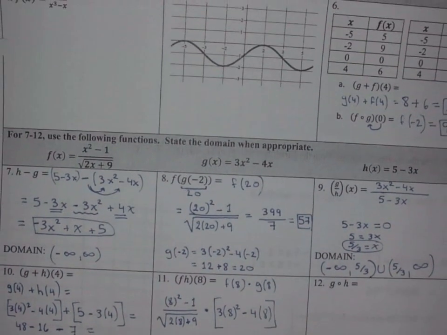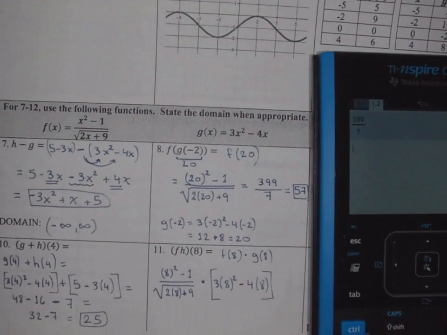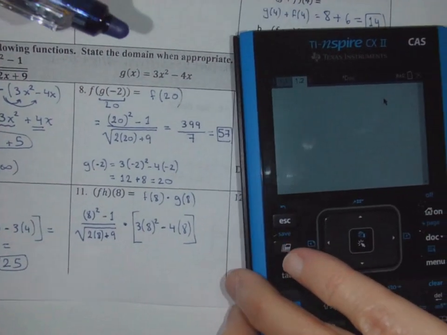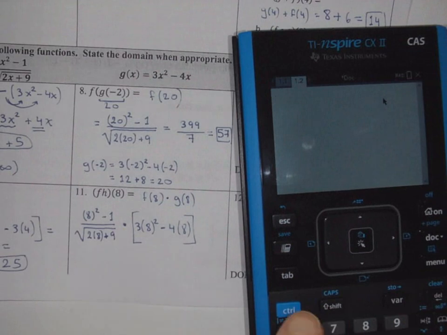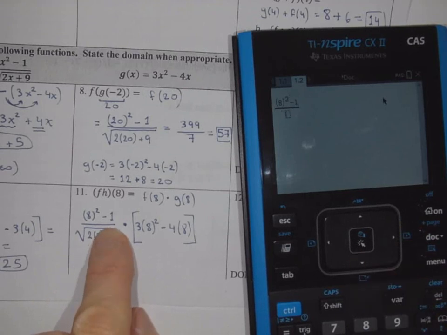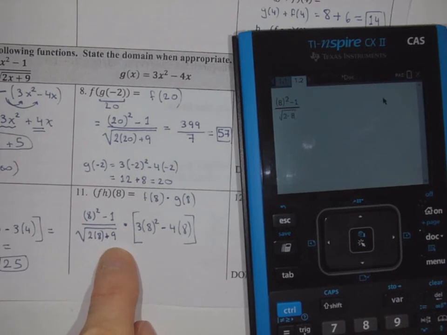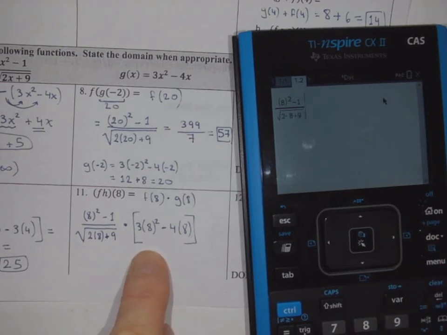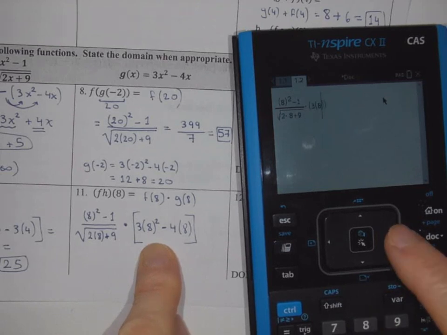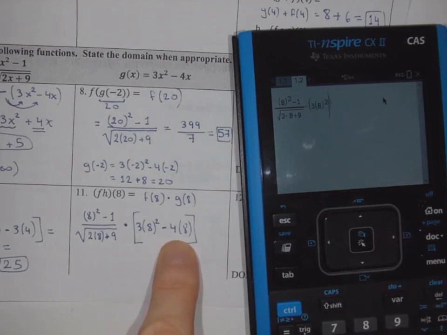Okay, for the sake of time, we're going to use our calculator here. And my calculator's battery is almost dead, so let's make sure we do it quick. So I'm going to have my 8 squared minus 1 divided by the square root of 2 times 8 plus 9, and then that whole thing is going to be multiplied by 3 times 8 squared minus 4 times 8.